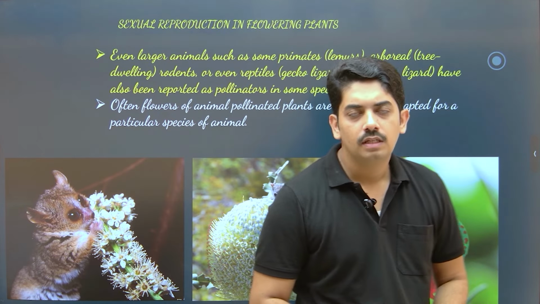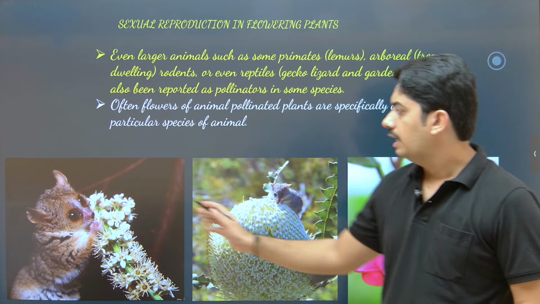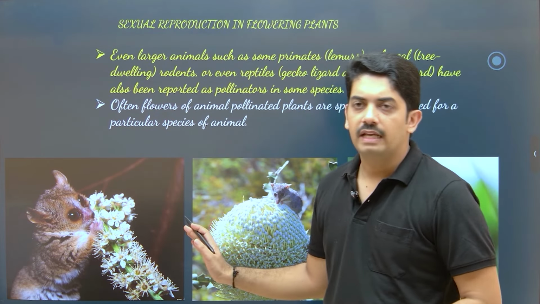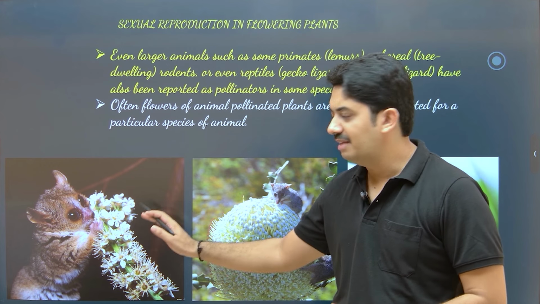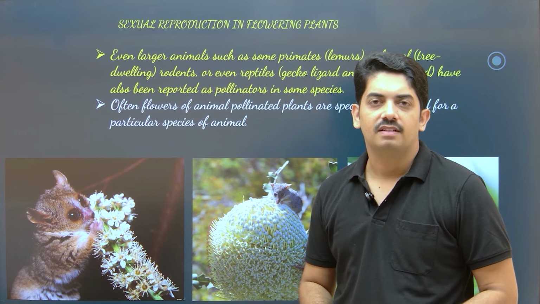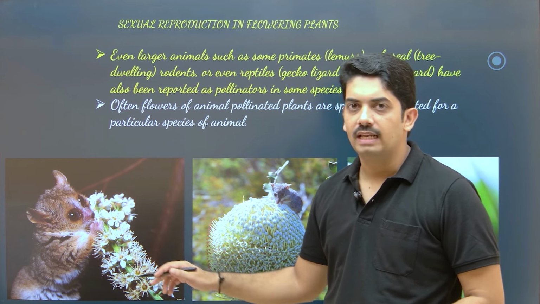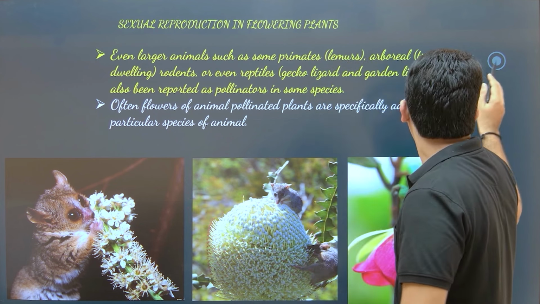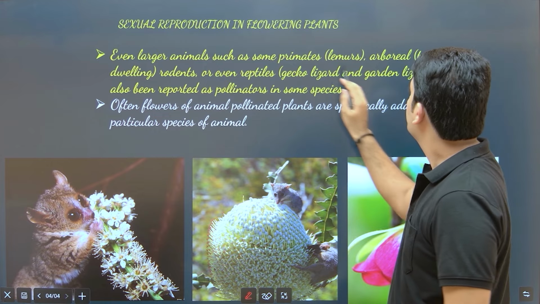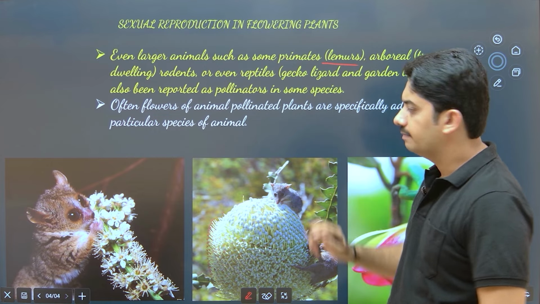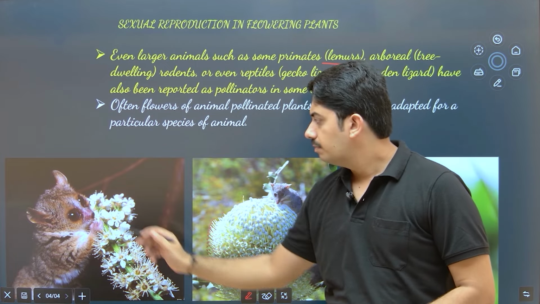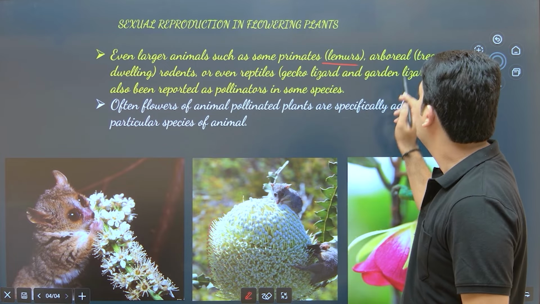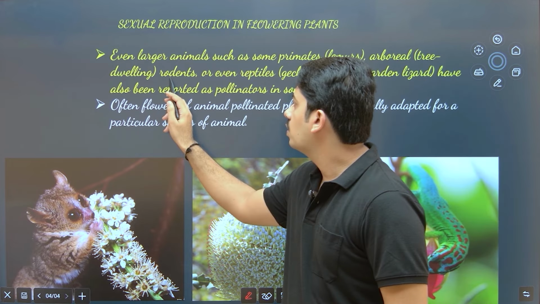Now just observe this. Here is a picture where you can observe a large animal pollinating the flower. It's a mammal, a lemur. It is called a lemur. It's a primate which sometimes undertakes pollination. Then arboreal, tree-dwelling rodents.